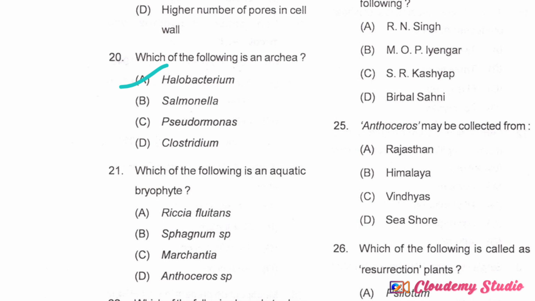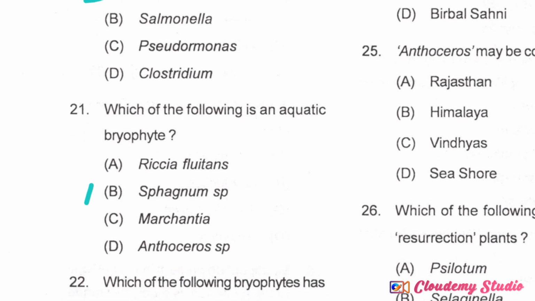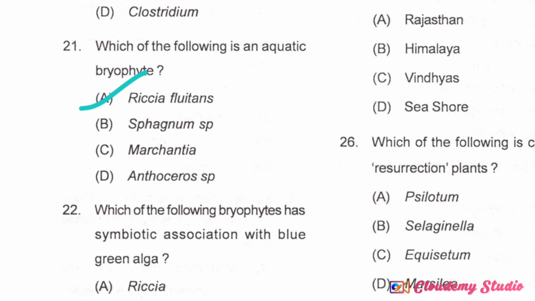Coming to question number 21, which of the following is an aquatic bryophyte? Riccia fluitans is an aquatic bryophyte, and the Sphagnum species, Marchantia, and Anthoceros species are terrestrial.